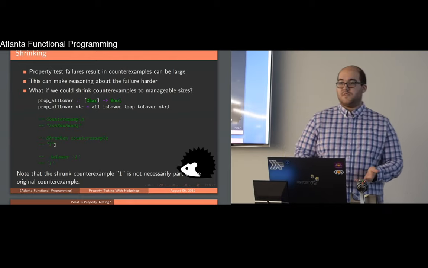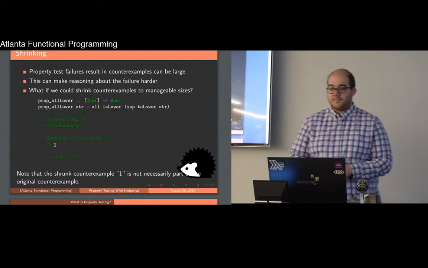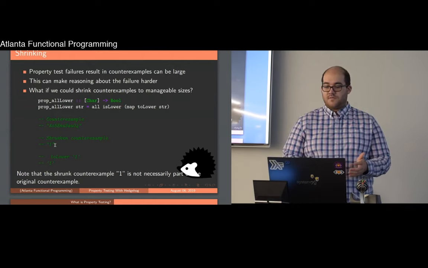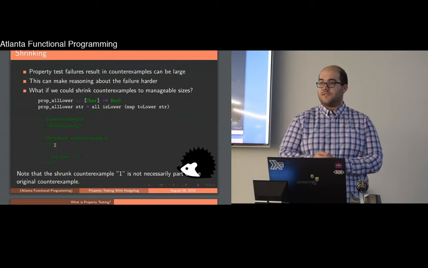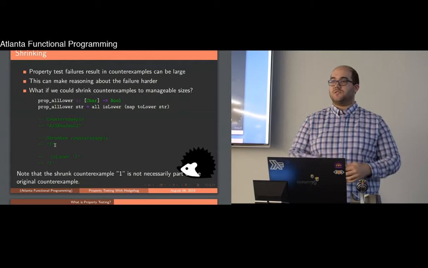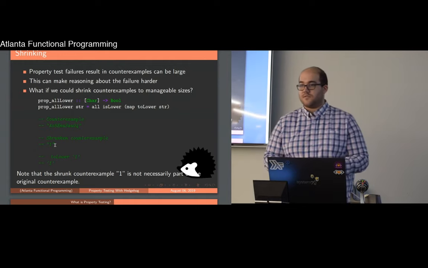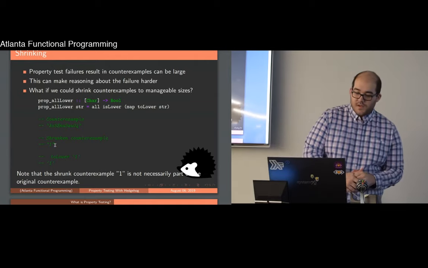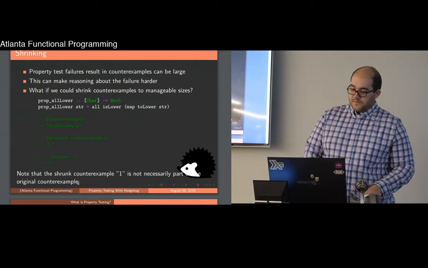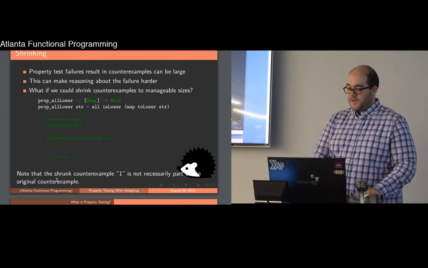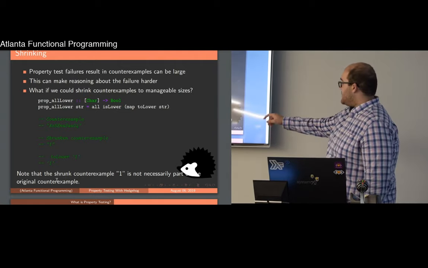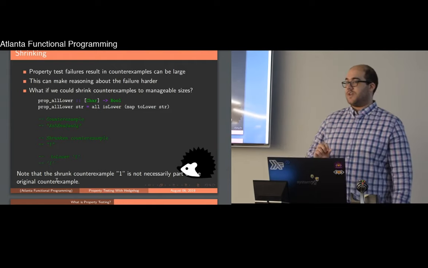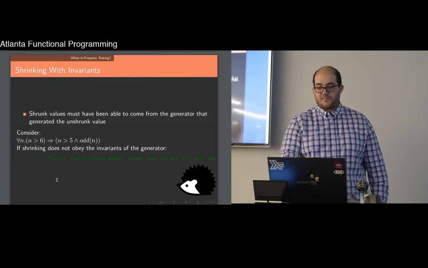And this is a pretty minimal counterexample because if you were to say all of the characters in the singleton string with just 1 in it are lowercase, then obviously that's false because numbers can't be lowercase. An important thing to note is that the shrunken counterexample 1 is not necessarily part of the original counterexample. Which sort of brings me to my next point.